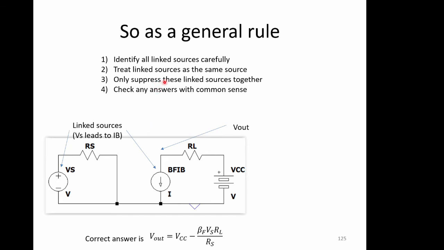And by making that change, we then follow the normal instructions, and we will end up with the right answer. And for the purposes of clarification, this is the right answer: VCC minus BFPS RLRS, where we've substituted BS over RS for IB here, because that's the definition of it. And then you need to just check any answers with common sense.